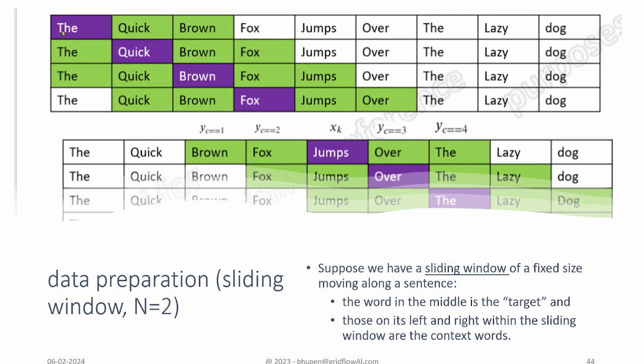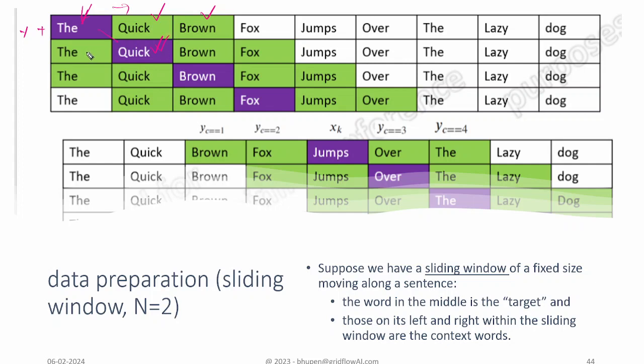For the first one here, if the target word is "the", there is nothing on the left-hand side. On the right-hand side, these two become the surrounding words, or the context words. Now imagine the window is sliding towards the right, and this becomes the center word.